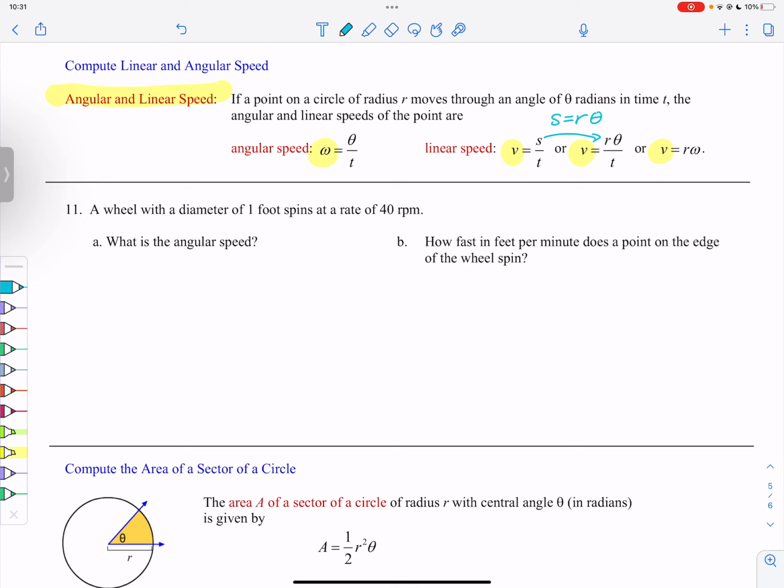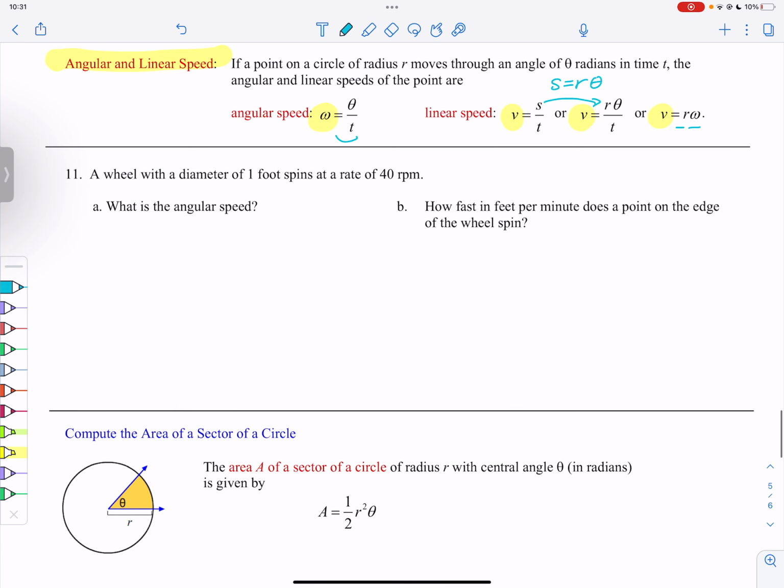Now, what do you notice? Theta over t is the angular speed. So that is where we come up with r times the angular speed for linear speed.